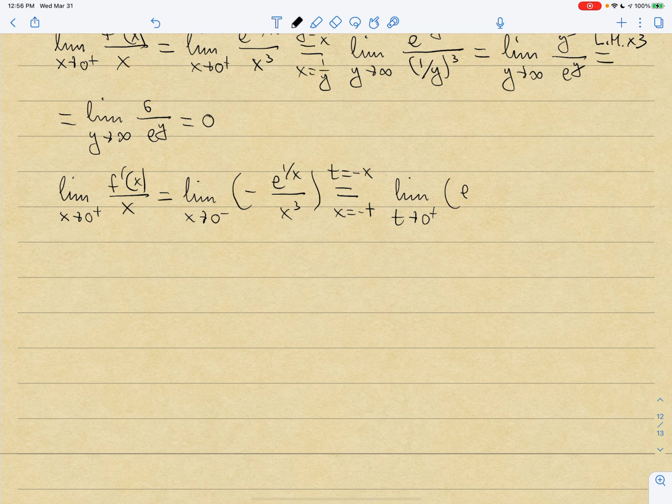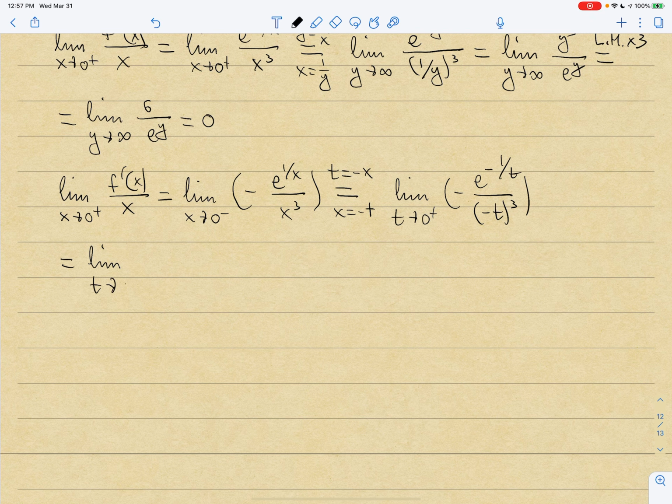And then minus e to the minus 1 over t, and of course, minus t cubed in the denominator. So then the minuses will cancel each other out, right? Because minus 1 cubed is a minus. So the minuses cancel each other out.